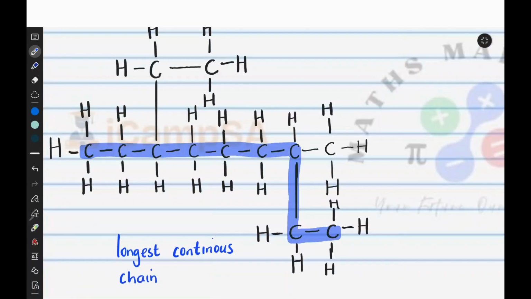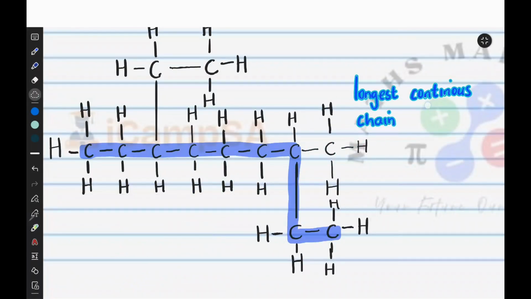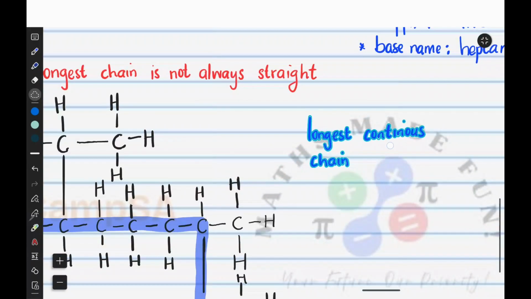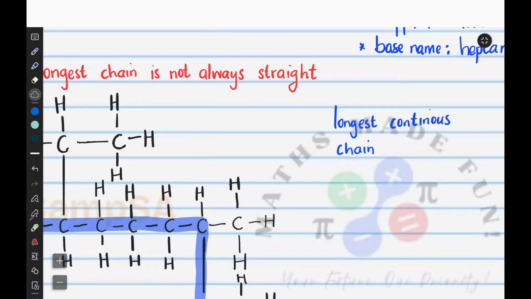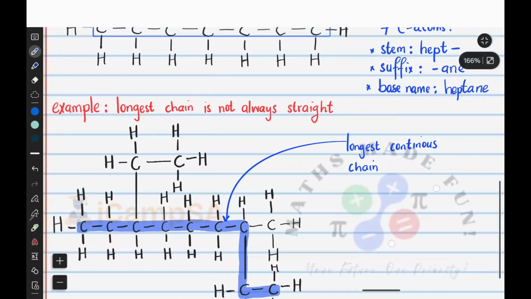Right, so that's our longest continuous chain, and then just to allow space for information, we'll put it here. I can then point you to it. It's a bit tedious, but that's our longest continuous chain.